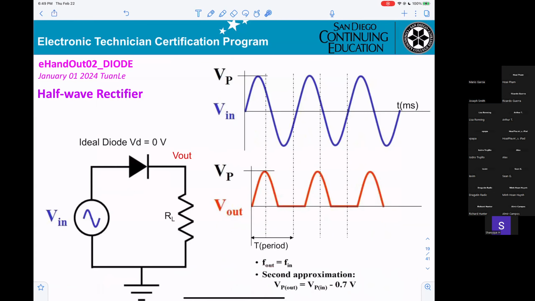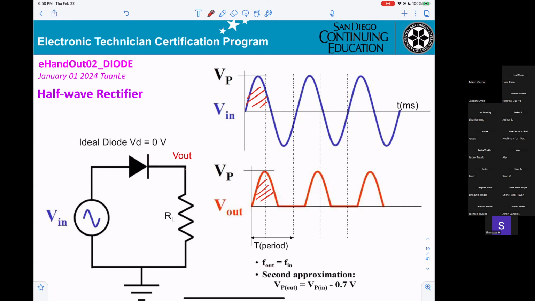Now this circuitry we call a halfway rectifier. This is the input here. When the input is positive, the diode will be on, correct? They are on positive here, and that's what is coming out.